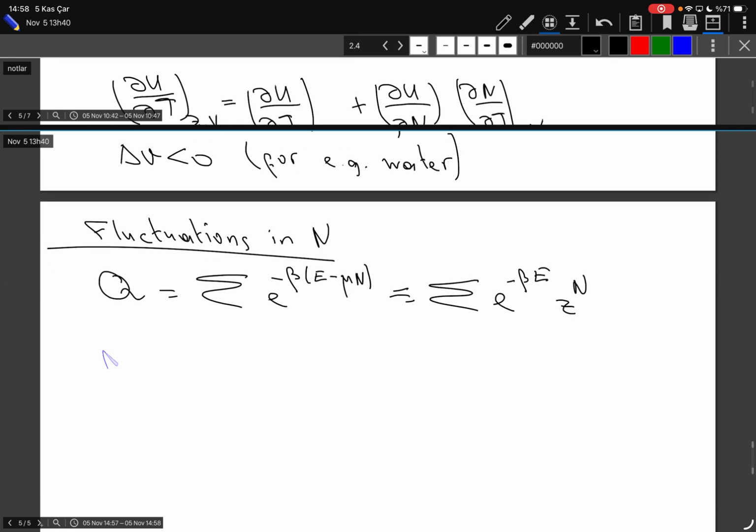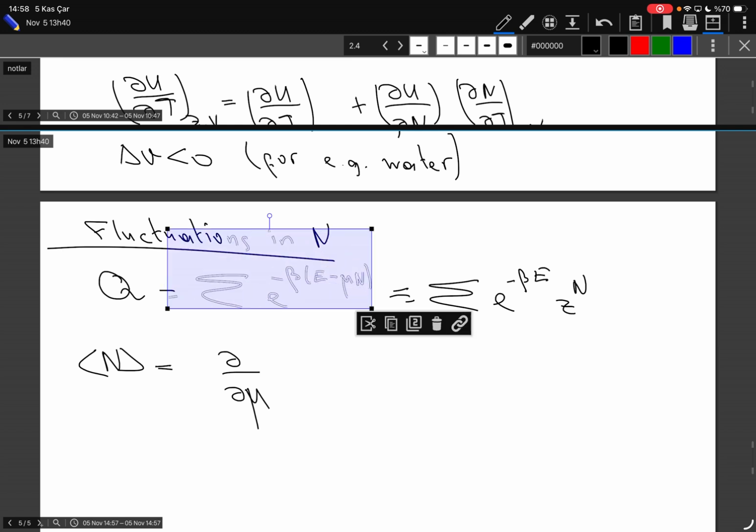The average number of particles, if I take the derivative with respect to mu of this expression, it will bring down a beta N in front of the exponent.